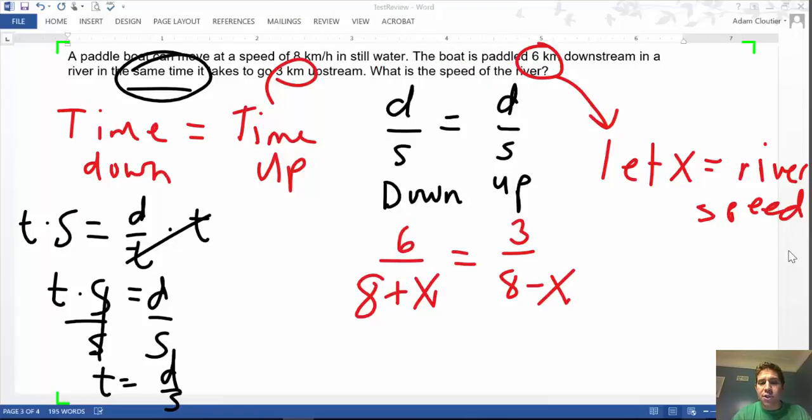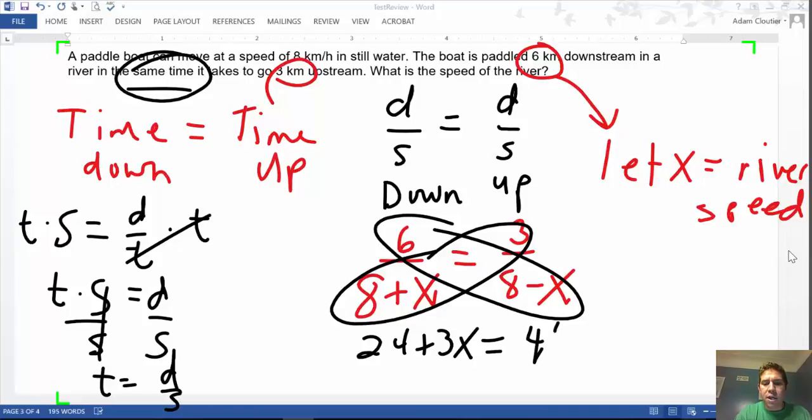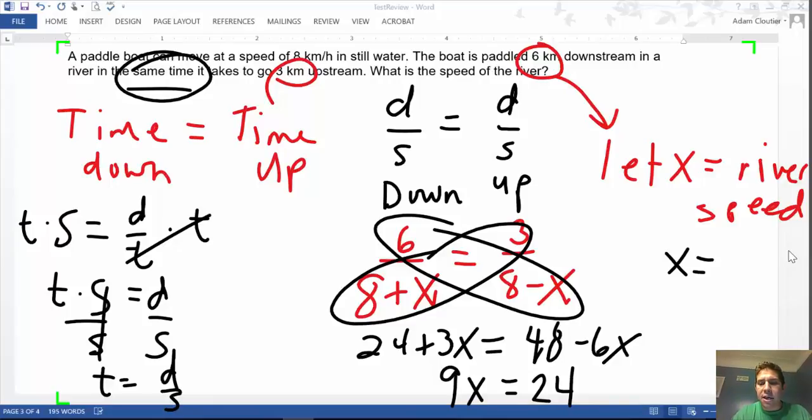The next thing we would do is just solve this equation, so cross multiply. When I do that, we get 24 plus 3x equals 48 minus 6x. Solve for x. I'm going to move the 6x to this side and subtract 24 from both sides to get that. And finally, divide by 9, I get x equals 24 over 9, which is a weird answer, but I can reduce that down to 8/3.